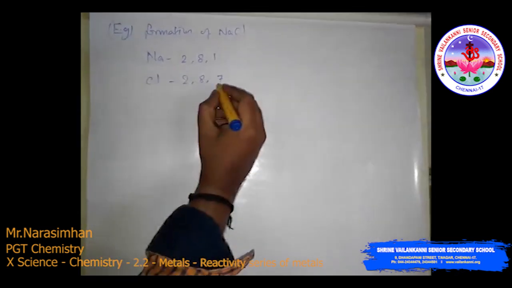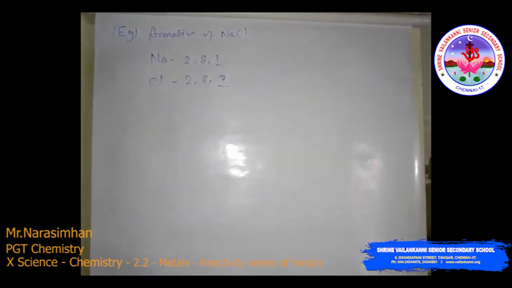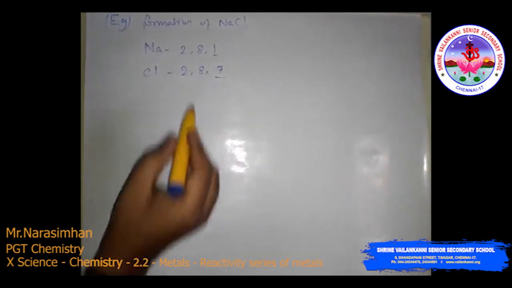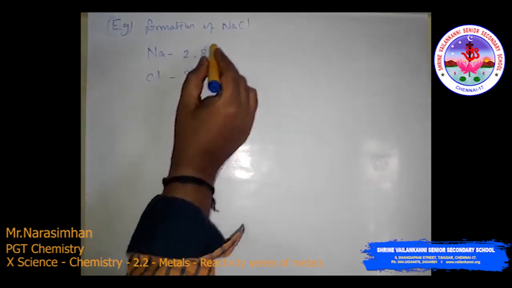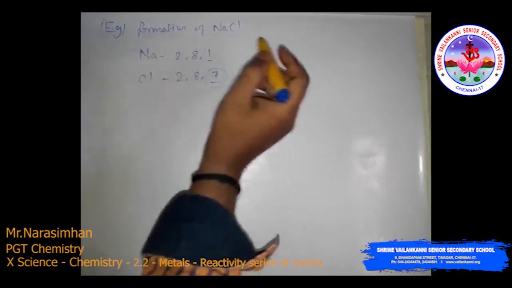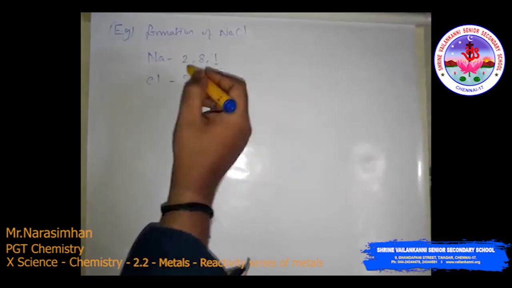Here the chlorine valence electron count is 7 and sodium's is 1. According to the octet configuration, chlorine has more electrons in the valence shell and sodium has fewer, so sodium donates. It gives its 1 electron to the chlorine atom.